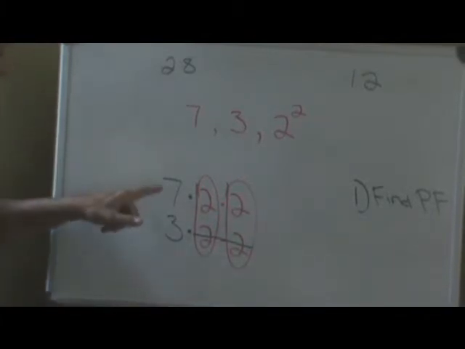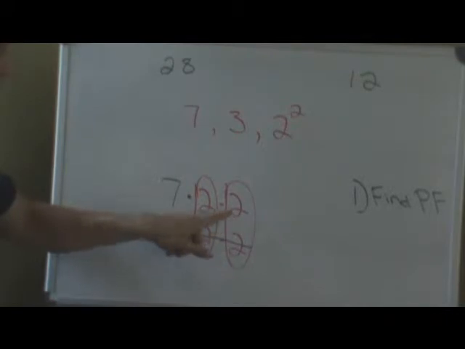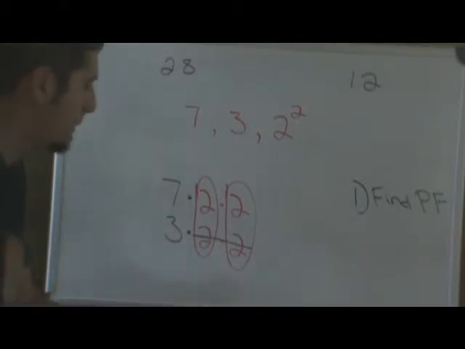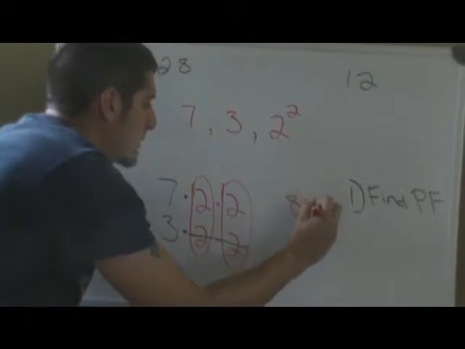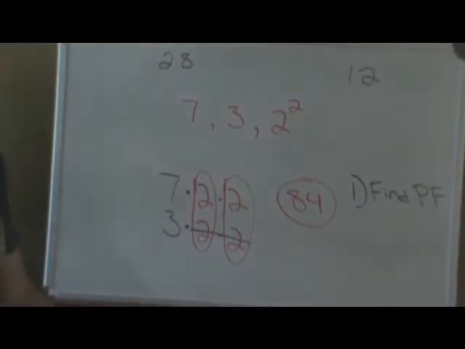So 7 times 2 is 14, times 2 is 28, times 3 puts us up to 56, 76, 84. And so the LCM of 28 and 12 is 84.